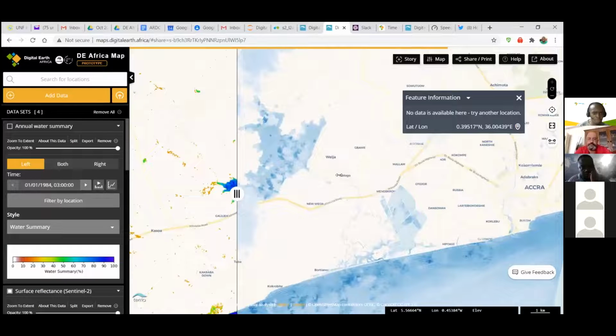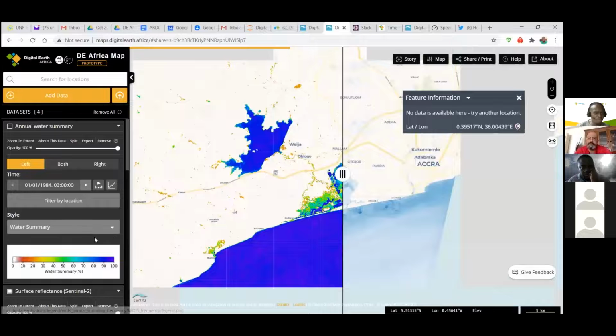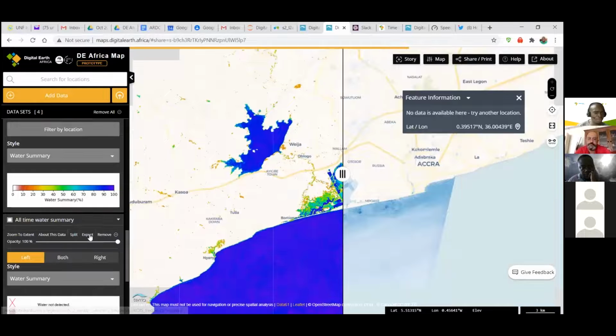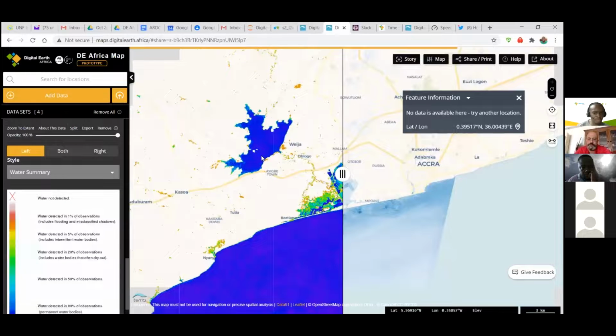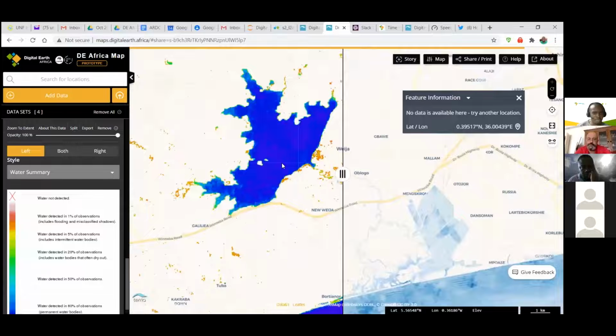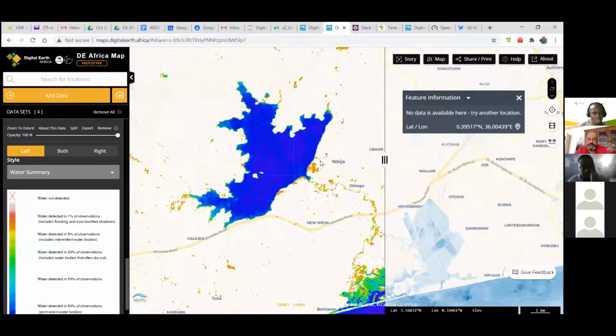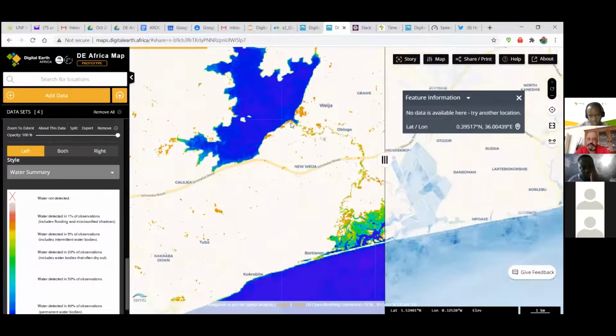So on my left, this is the product Edward was referring to, the annual water summary over time, and you can see it has been very much consistent. It's just some parts here. Sometimes we have some water, and whenever Weija is full, some of the water maybe discharges to the ocean. Would that be the story?